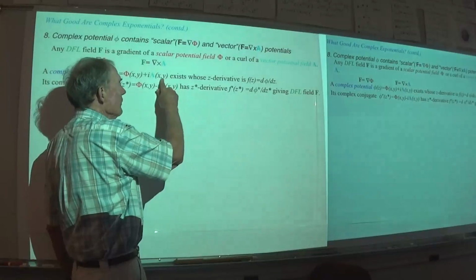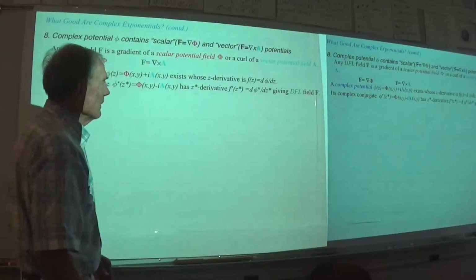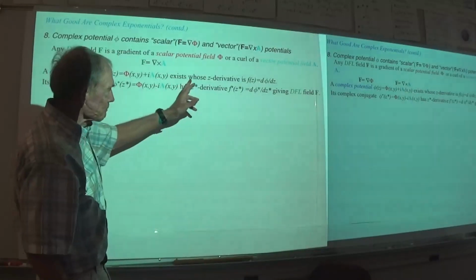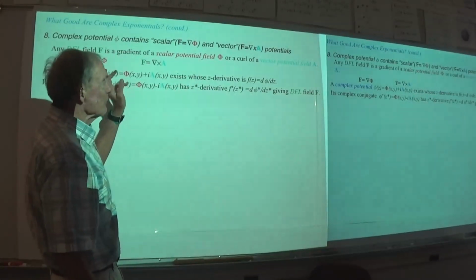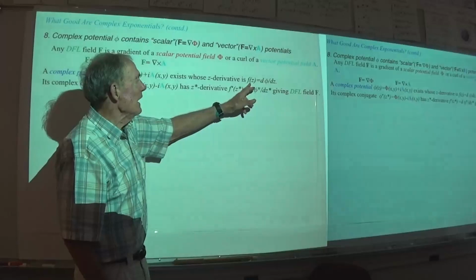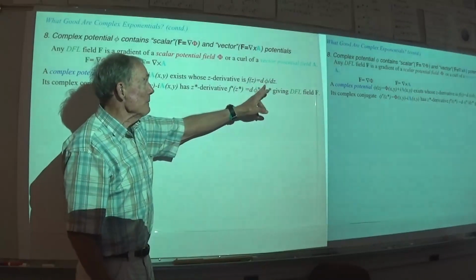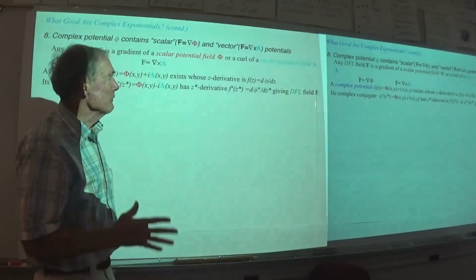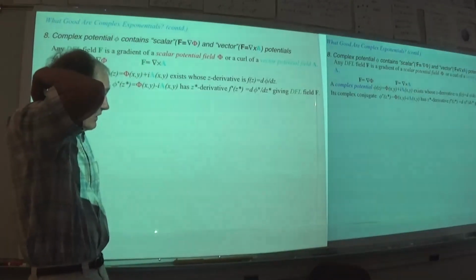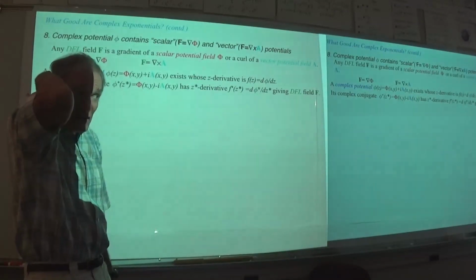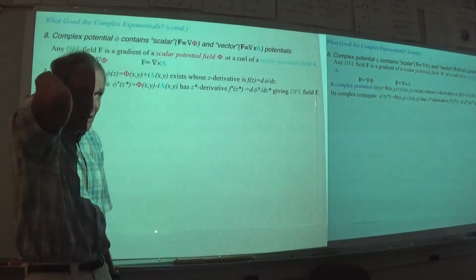So this complex potential exists so that the force field is the derivative. Now remember when we talked about the force field being a gradient of a potential, we put a minus sign on it because we're physicists, right?